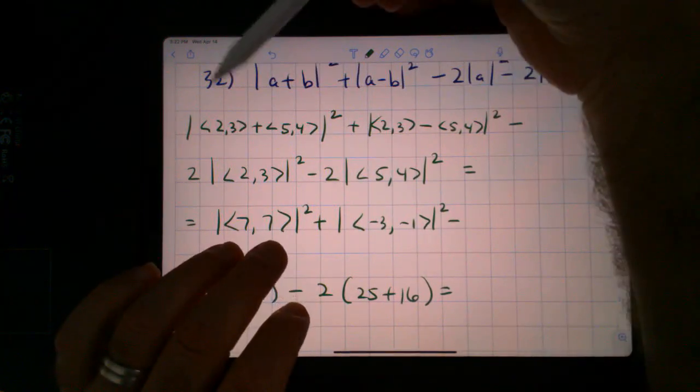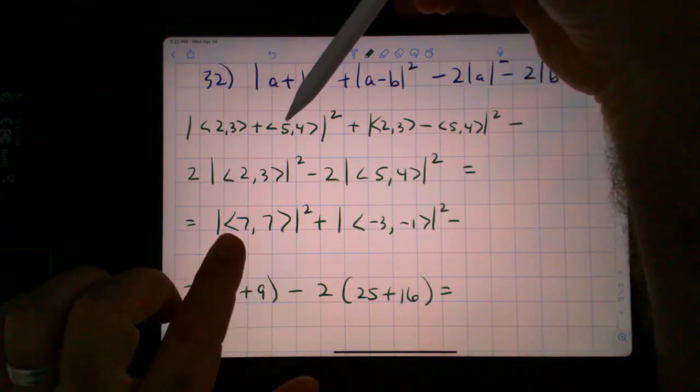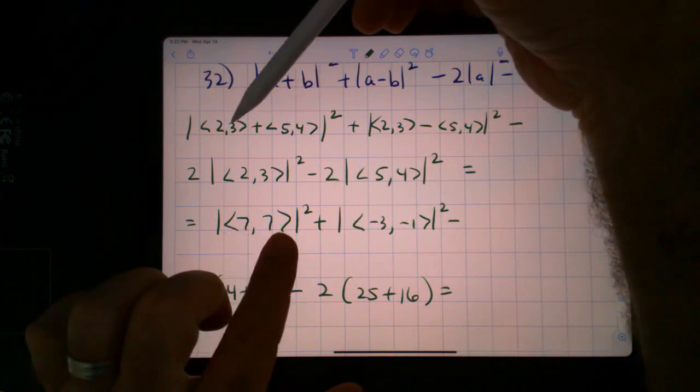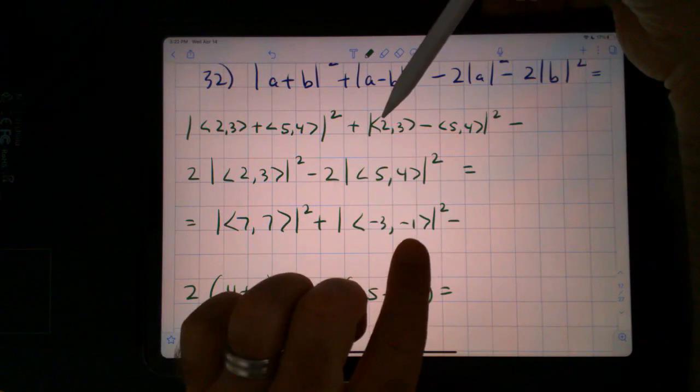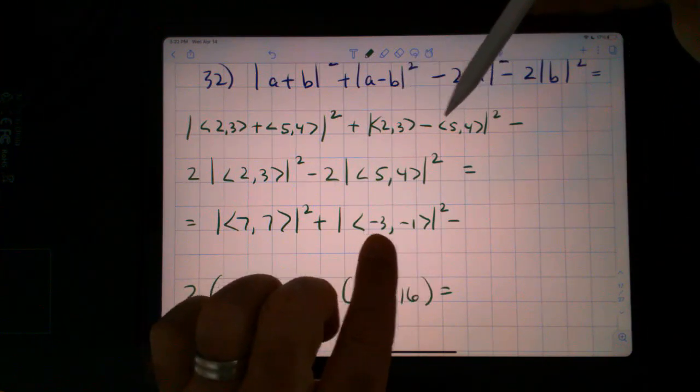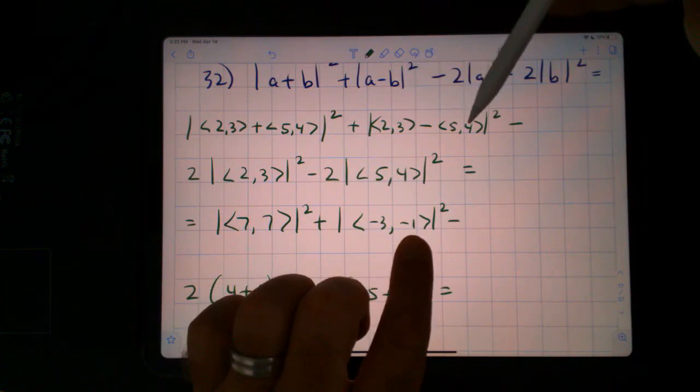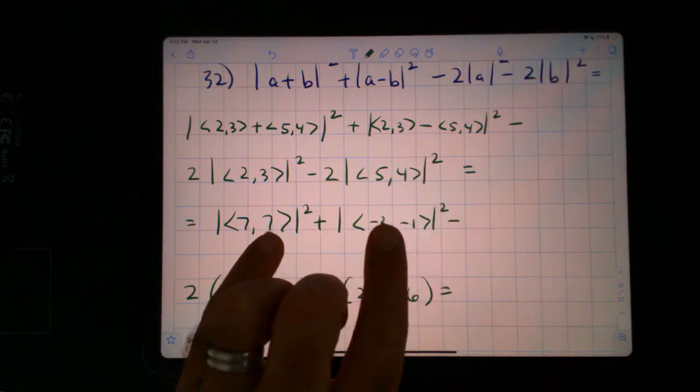So what's going on here is it's x1 plus x2, and then y1 plus y2. And here we have x1 minus x2, y1 minus y2. These magnitudes are both being squared.